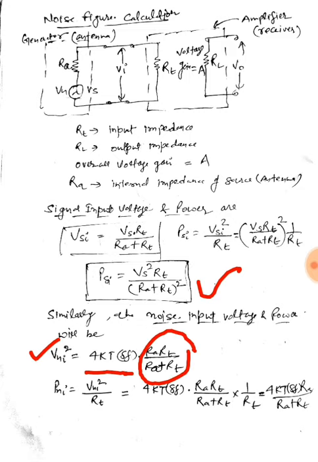Since Ra and RT are connected in parallel, it comes out to be this. So the noise input power will be VNI square upon RT. We are calculating across the input resistance, so it comes out to be this. We have calculated the input signal power and the input noise power.